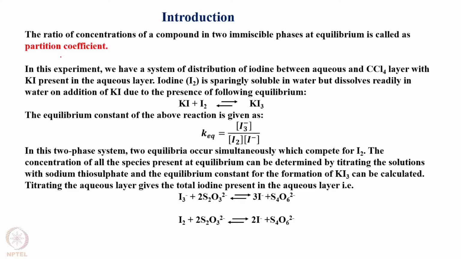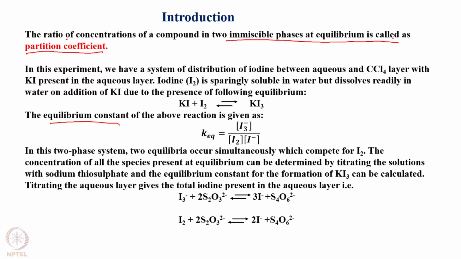In today's experiment, we'll be doing two things. The first one is the calculation of partition coefficient, and the second one is the calculation of equilibrium constant. So partition coefficient is defined as the ratio of concentration of a compound in two immiscible phases at equilibrium.